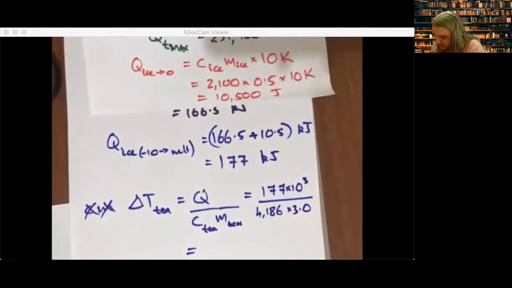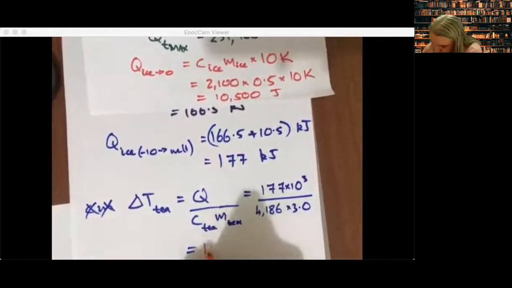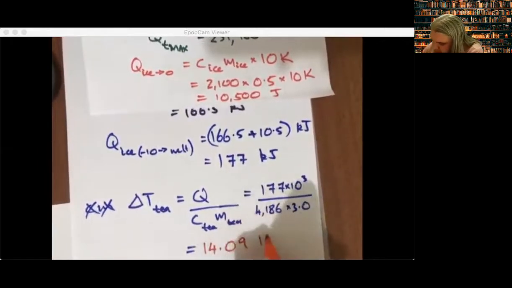I will just do that quickly: 177 times 10 to the 3 divided by 4186 times 3. The tea has lost 14.09 Kelvin.